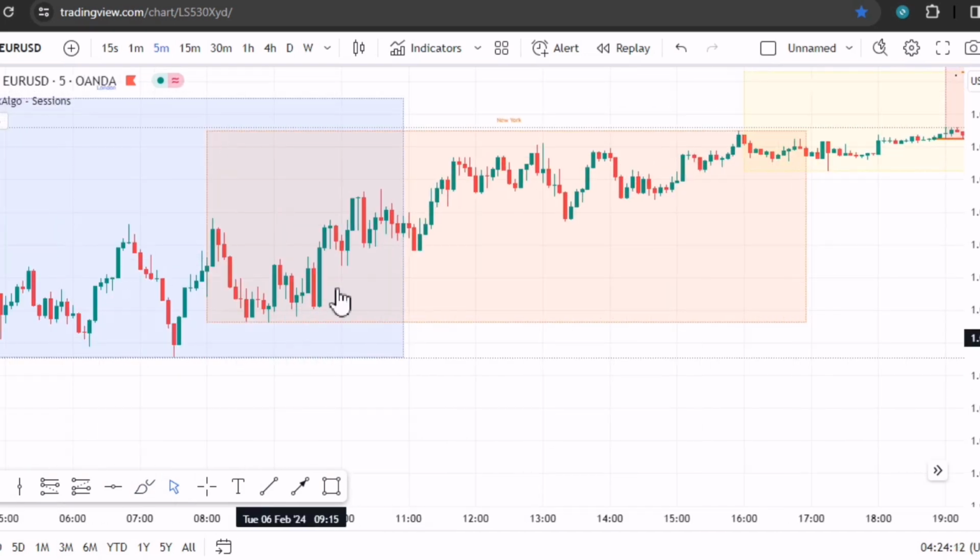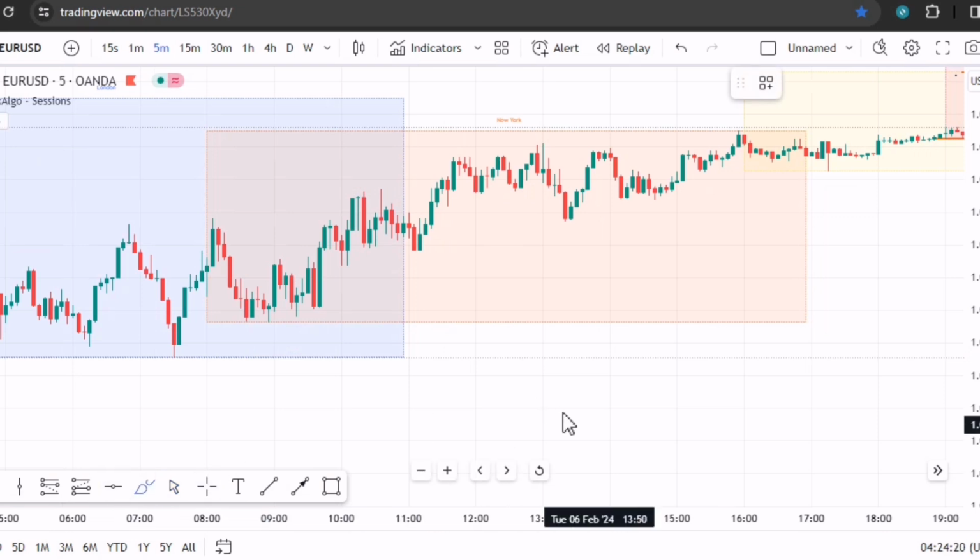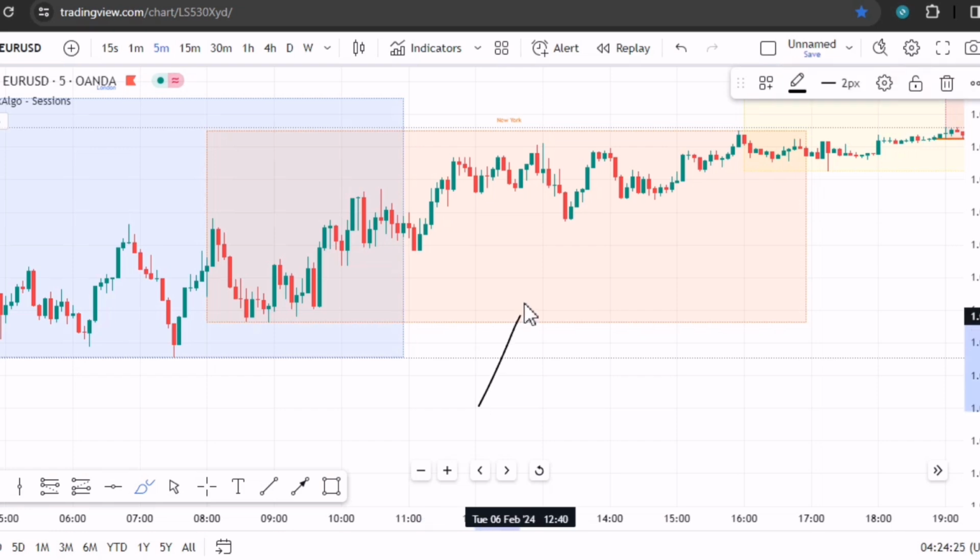I showed you that whenever you look at the last move on the London session, maybe I can just explain what I mean by the last move. Whenever price moves, it makes a move and then a turning point. This turning point is what I call a key level. And this movement, I call it a move, okay?